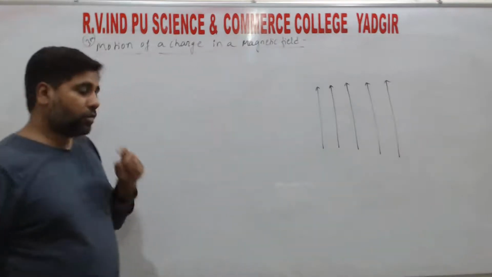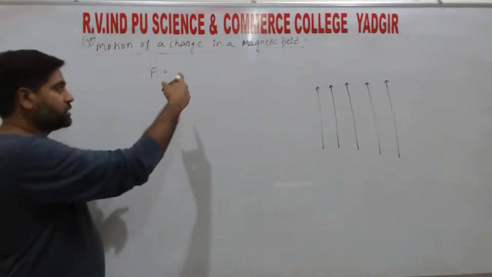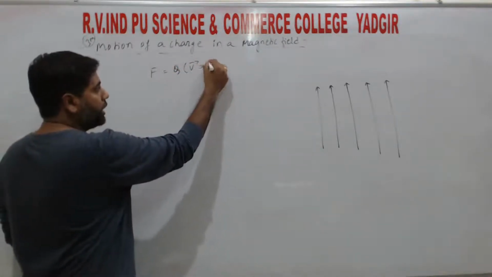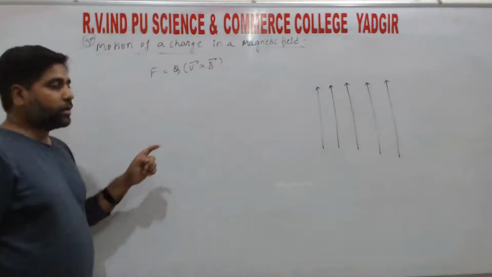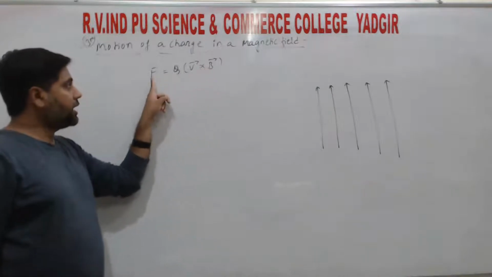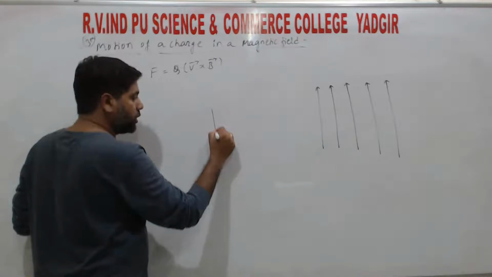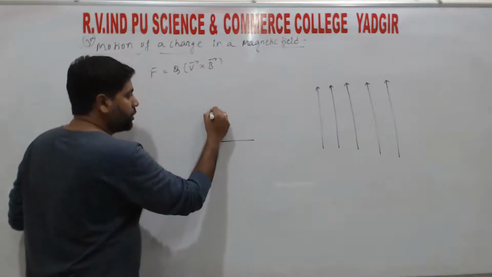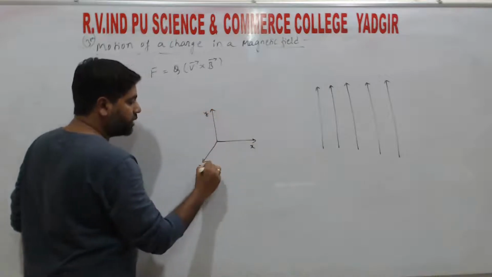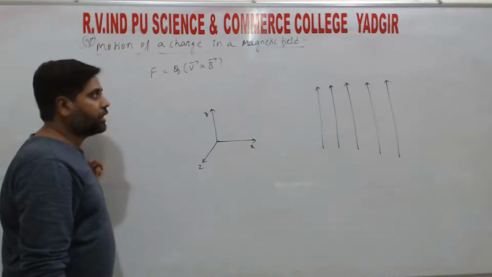Right? So we have the formula. The force experienced by the charge is F equals Q into V cross B, right? So if V and B are perpendicular to each other, then F is also perpendicular to these two, right? As I explained in the last class, if we consider all three axes x, y, z, they are mutually perpendicular to each other, right?